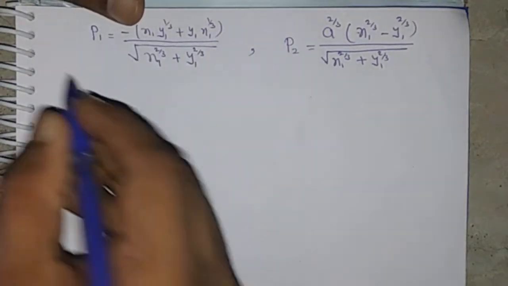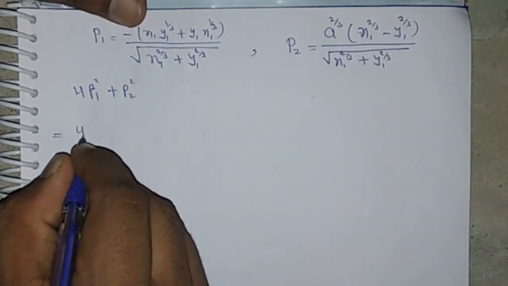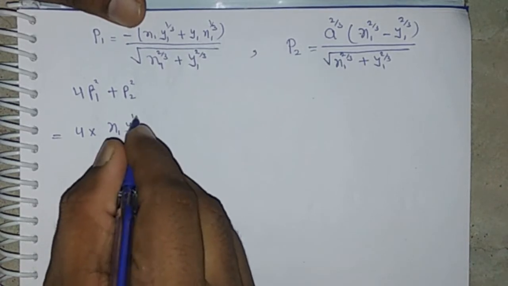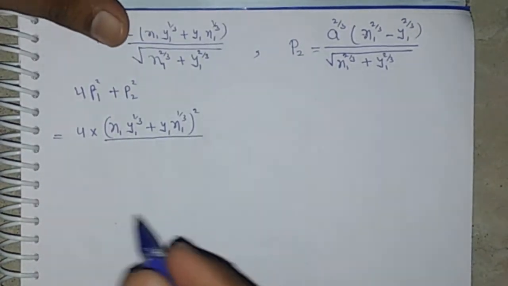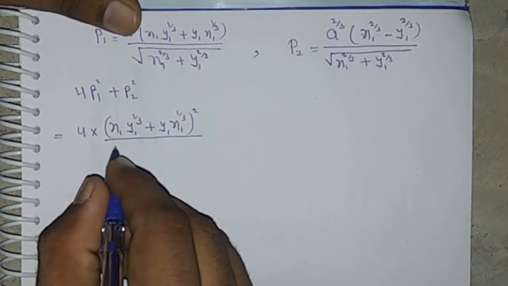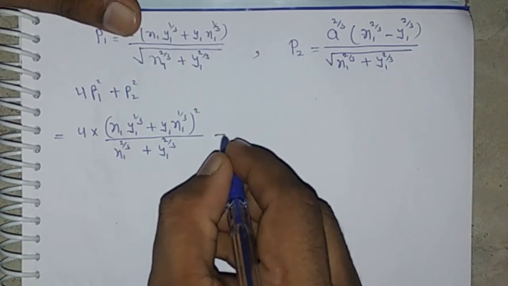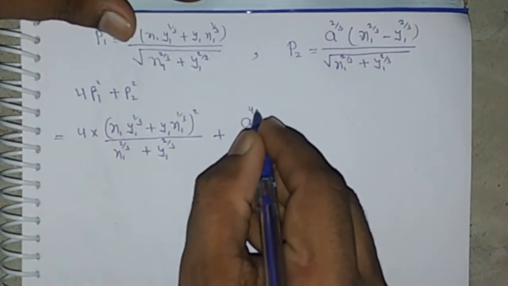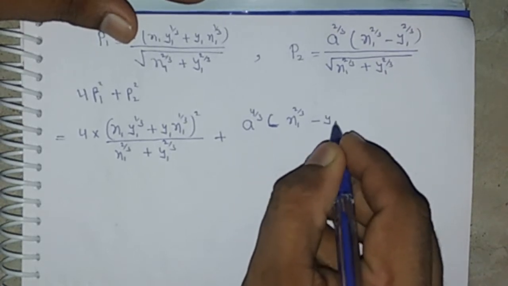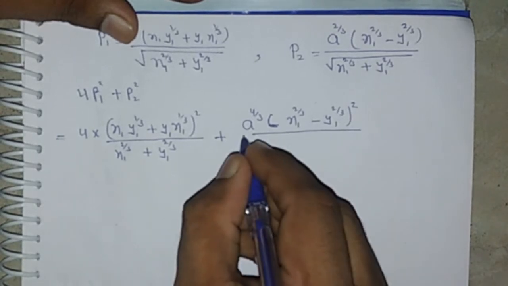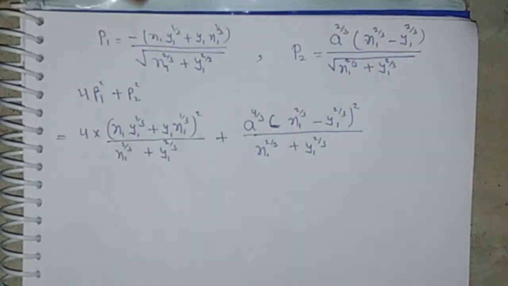Then 4P1 square plus P2 square: we put the values of P1 and P2, so 4 into P1 square, then x1 y1 to the power 1/3 plus y1 x1 to the power 1/3 whole square over x1 to the power 2/3 plus y1 to the power 2/3, square root cancels out, plus P2 square, meaning a to the power 2/3 square, which is 4/3, and whole square of this term is 2/3.